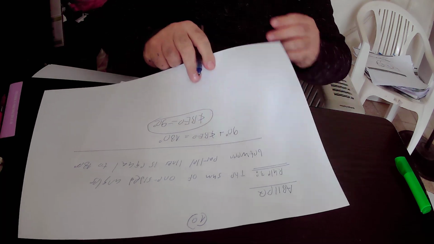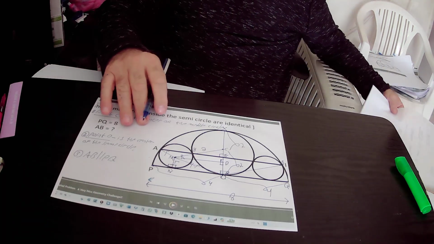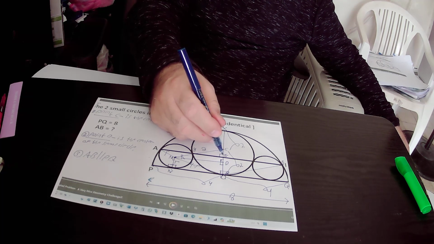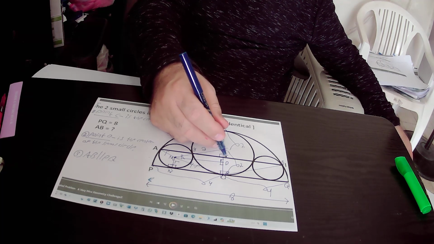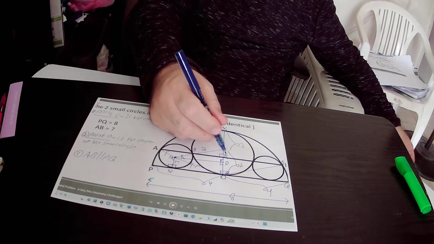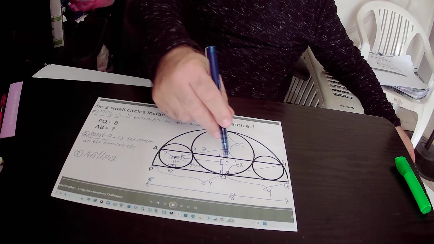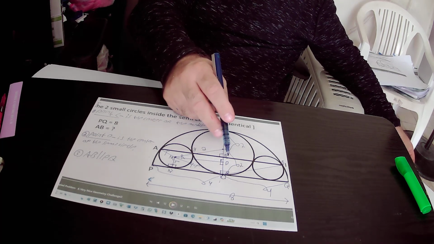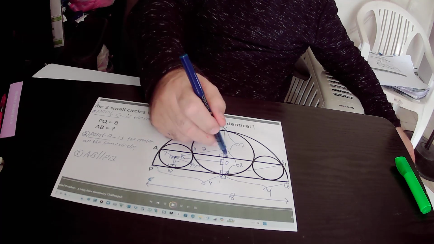That is to say, this angle is a right angle. This angle BEO equals 90 degrees.